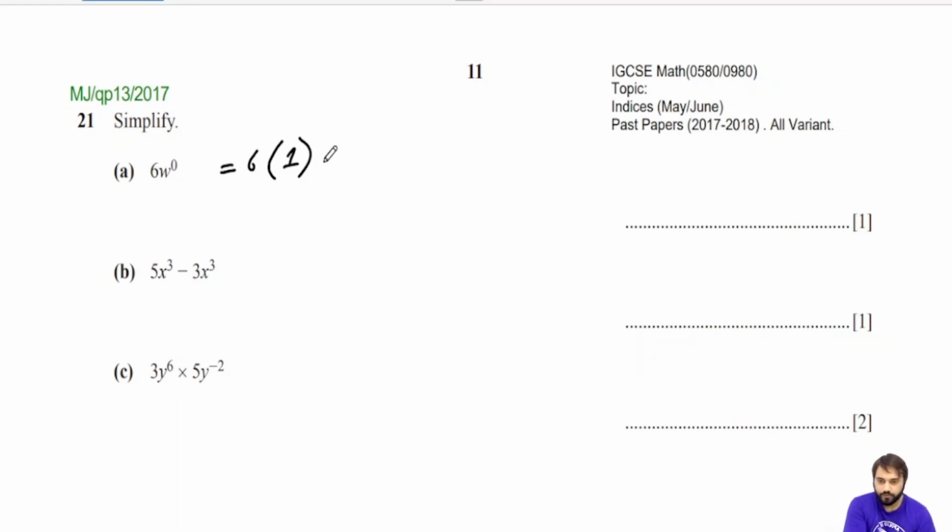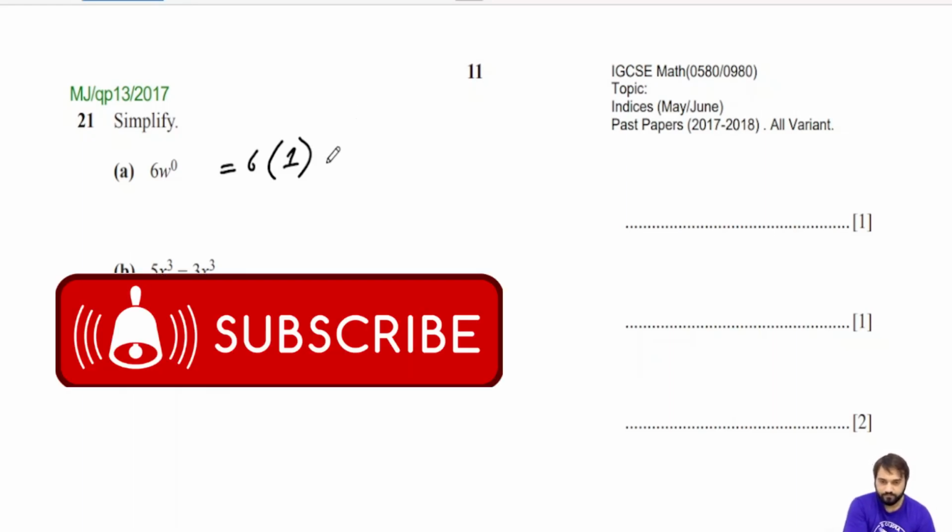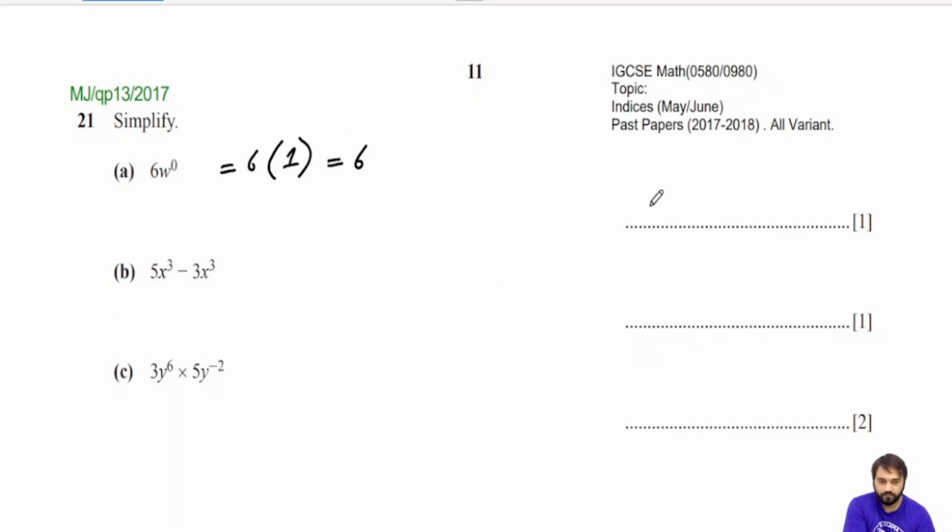And I told you in the previous video, that is equal to 6. Now part B is 5x cube minus 3x cube. They are like terms, we can just subtract them or add them. Here we have positive 5 and negative 3. 5 minus 3 makes 2, and x cube remains the same. Answer to this one is 2x cube.